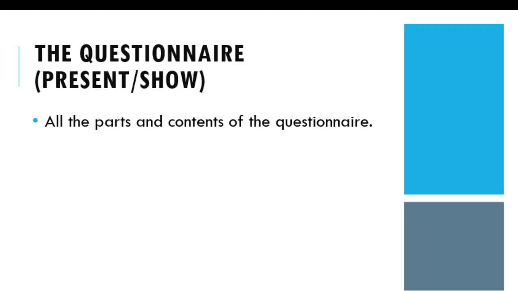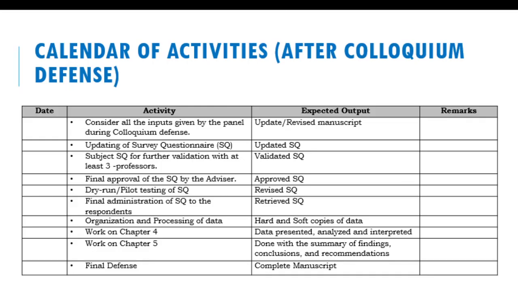Now, the next slide, this is the last slide actually, the calendar of your activities after having defended your title, or after the colloquium defense. Now, you have here a table: date, activities, expected output, and remarks.